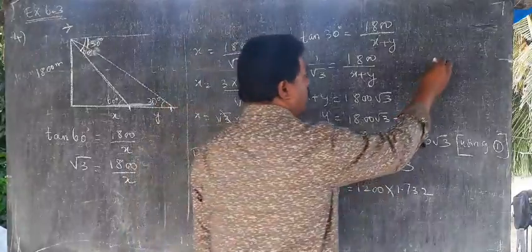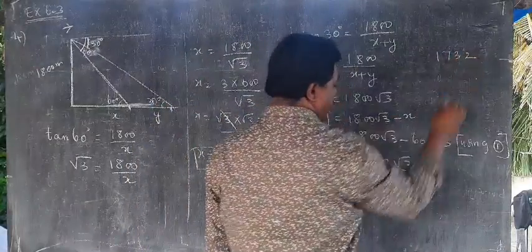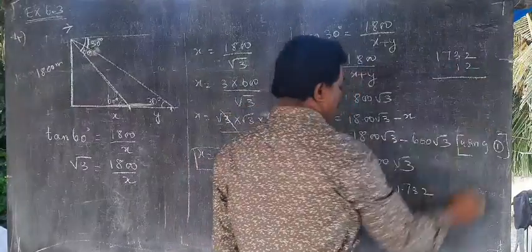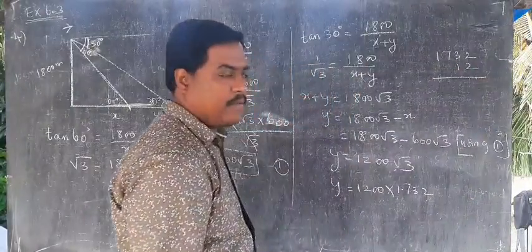So listen, how to multiply 1.732? We remove the point and write 1732 into 12. No need for the zero on top.